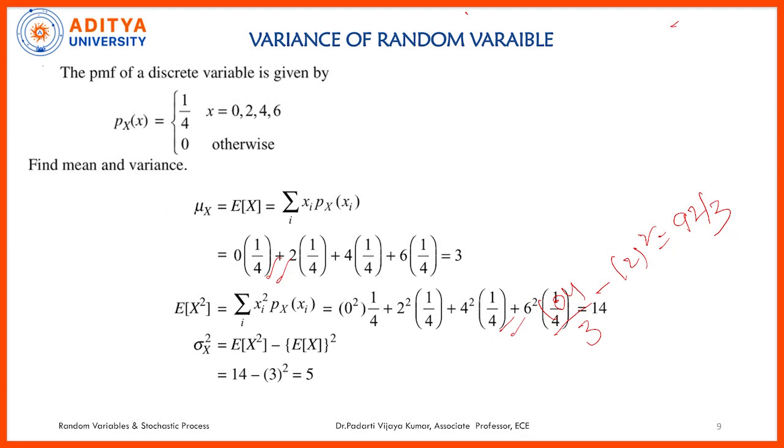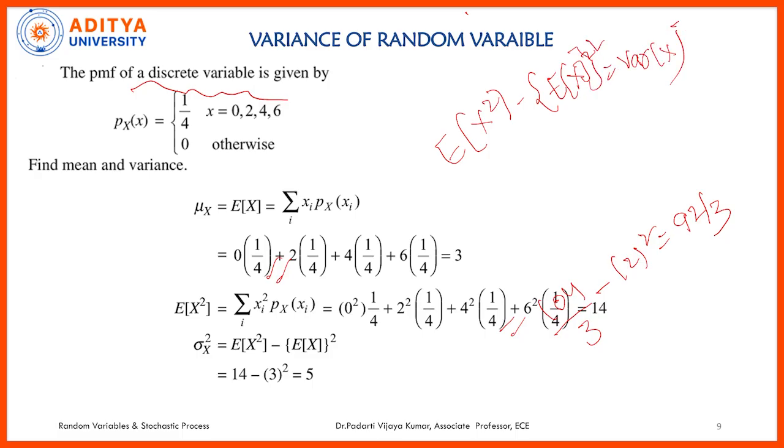Next one is a problem related to the discrete random variable. Here also we can use the same formula, expectation of x square minus expectation of x whole square, to compute the variance of x.